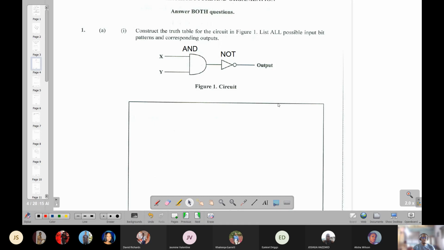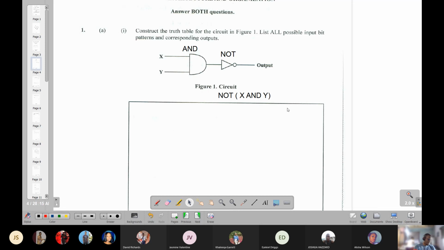Okay, so we'll end up with this: NOT (X AND Y). So NOT (X AND Y) would be our circuit that we have to draw the table for.